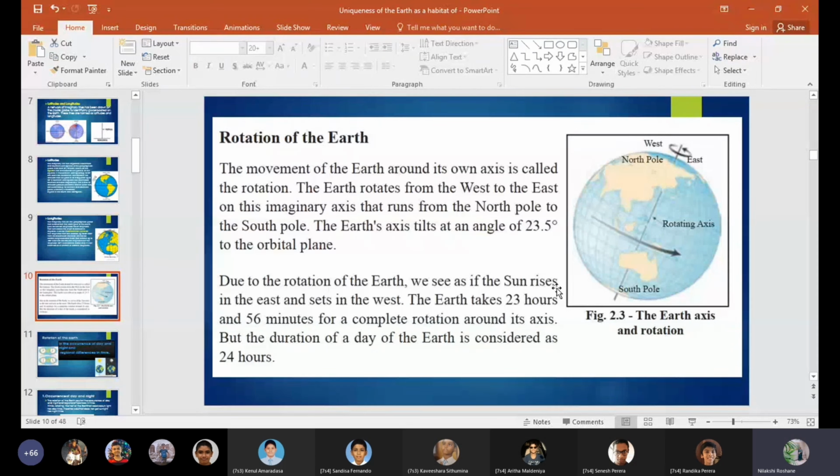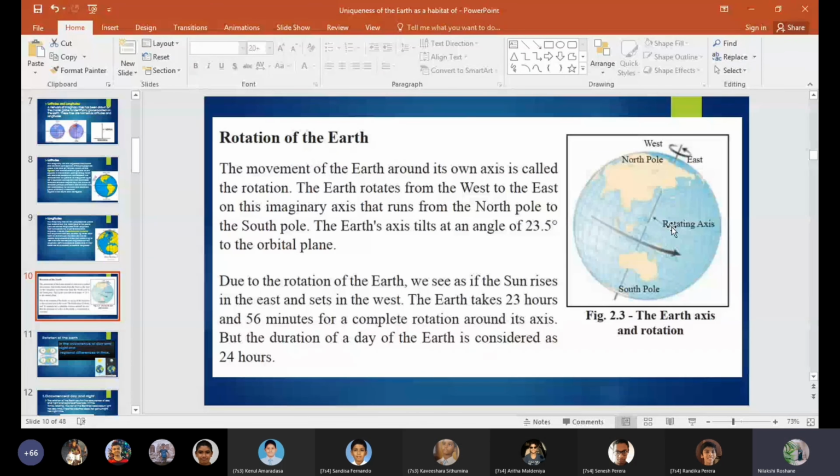The earth rotates from west to east, the axis tilts at 23.5 degrees to the orbital plane, and the duration of the rotation is 23 hours and 56 minutes. We consider 24 hours as the duration of a day.